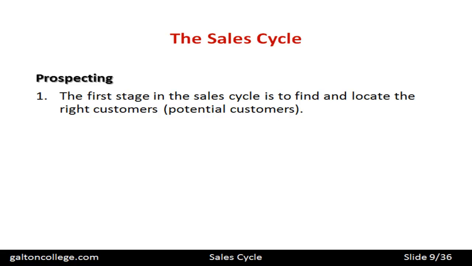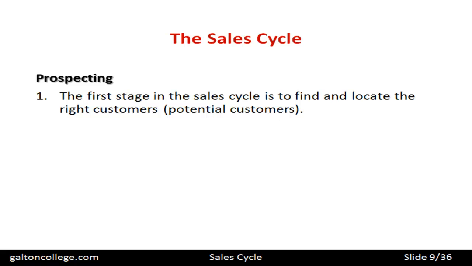What are their characteristics or attributes? How much disposable income have they got? How do they live? Where do they work? What do they do? What is the general socio-economic background associated with these people?